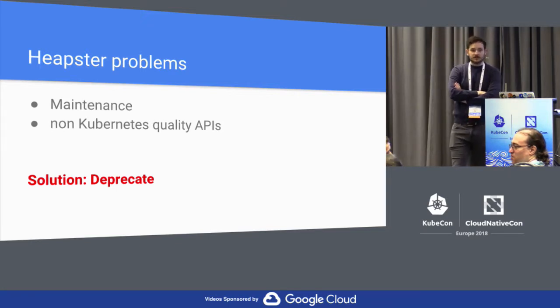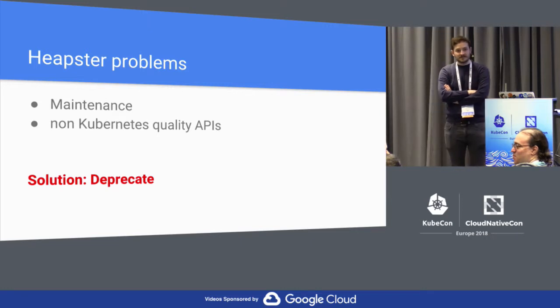Yeah, they filed a bug as soon as I filed the official deprecation notice pull request. There was almost immediately a bug created. We had talked to them in the past. I'm aware of this problem.